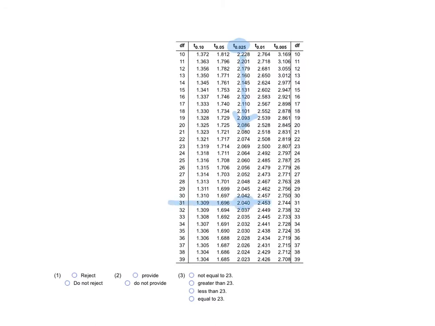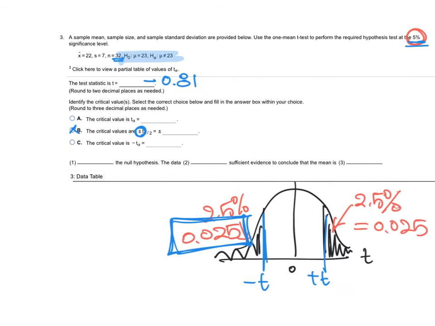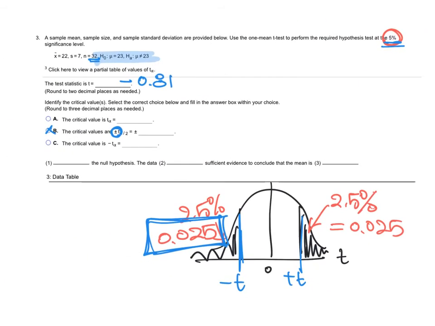So the critical value will be plus and minus 2.040. So let me go back. Now the critical value will be plus and minus 2.040. So here is a negative 2.040. There is a positive 2.040.